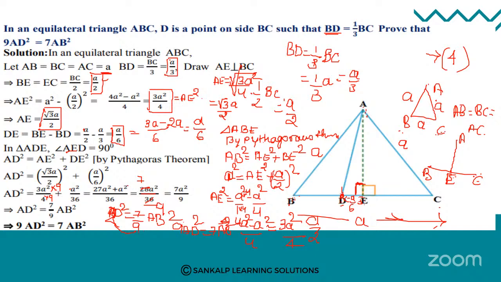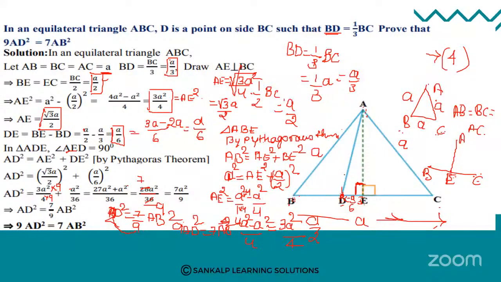So here I did it, the value of AE is root 3A divided by 2. Now DE can be defined by BE minus BD. BE value is A divided by 2, BD value is A divided by 3. If you take LCM, the LCM is 6. So 3A minus 2A divided by 6, that is A divided by 6.